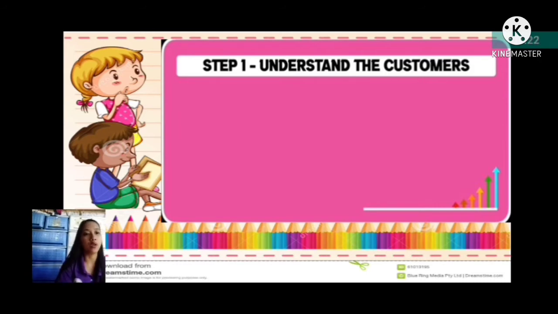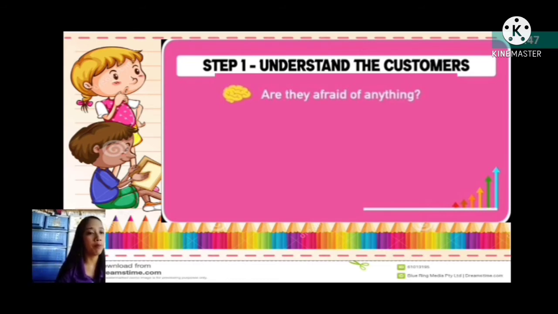For example, in beauty care, different people have their own products that may affect or impact their skin. It may be a positive or negative impact for them. So, you have to know, are they afraid of anything?